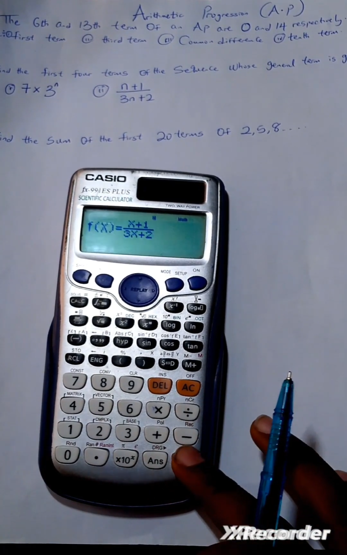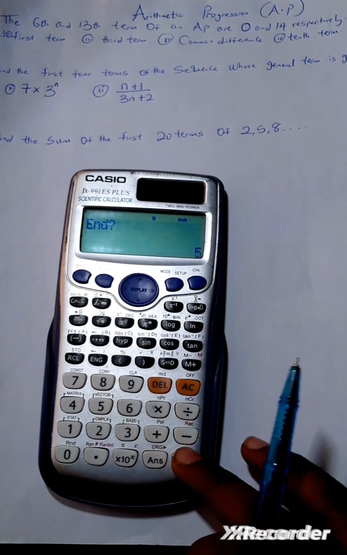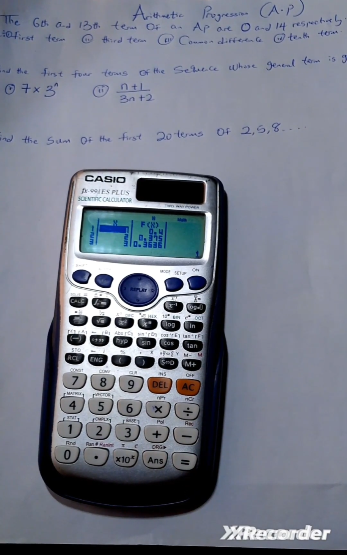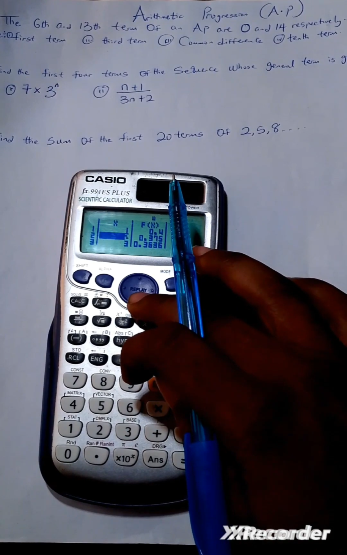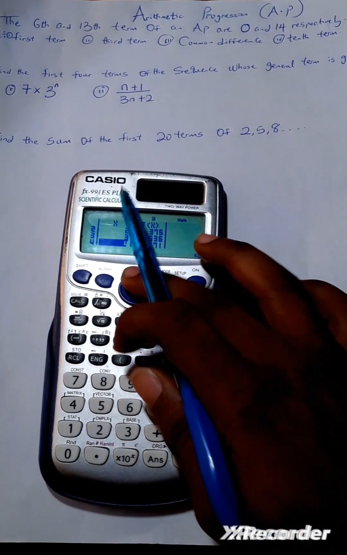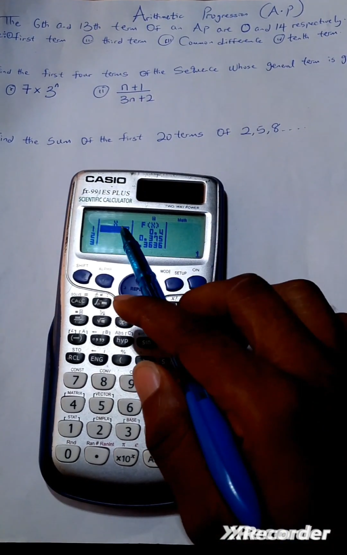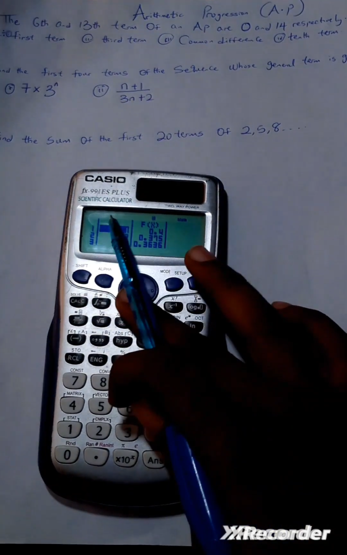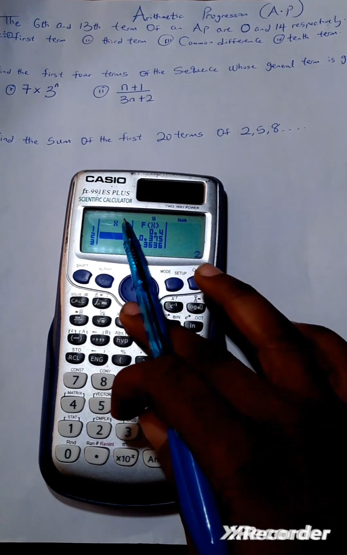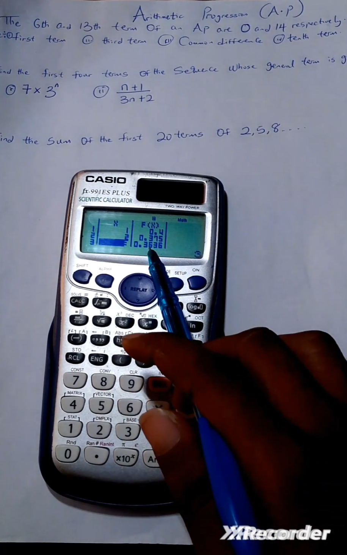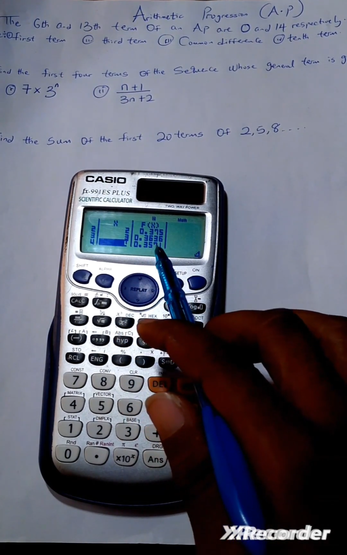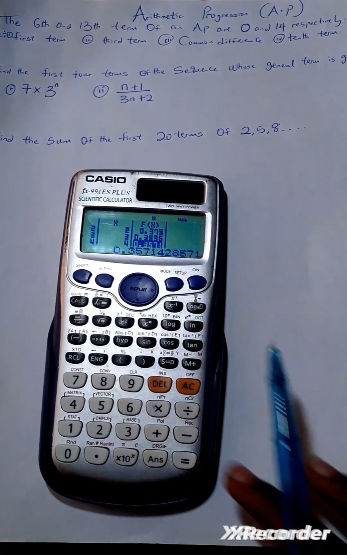So as you can see, press equals to again. So this is the value. So for our first 4 terms, this is first, second, third, and fourth. Our first term is 0.4, our second term is 0.375, our third term is 0.3636, and our fourth term is 0.3571, as you can see.